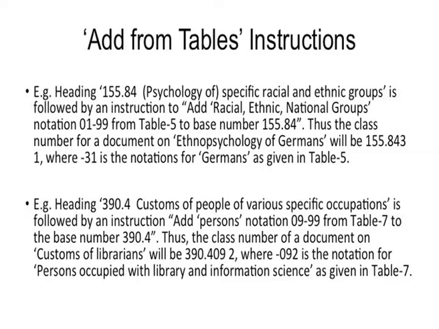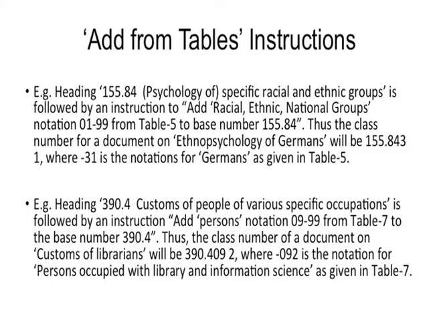Thus, the class number of a document dealing with ethnopsychology of Germans will be 155.8431, where the basic subject number is 155.84 and 31 is the notation for German people as given in table 5. So in this number we have added table 5 on instruction.